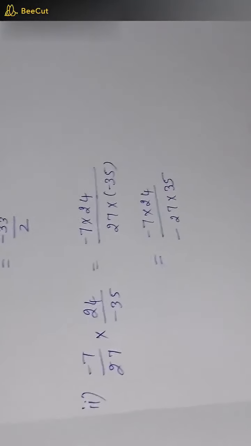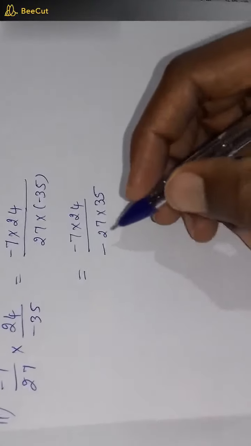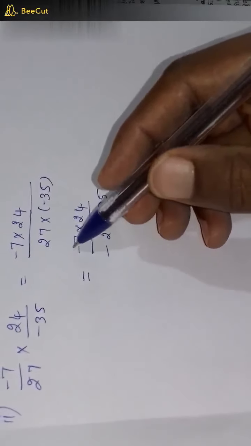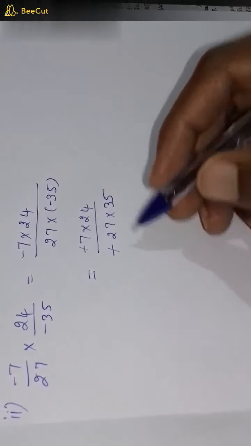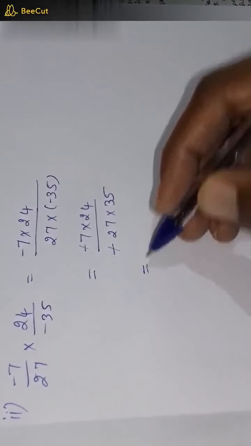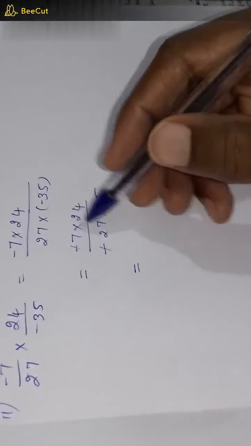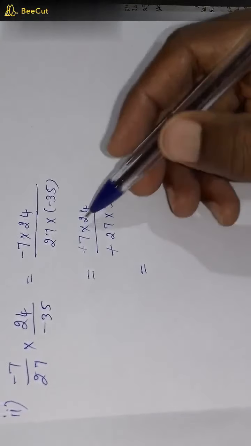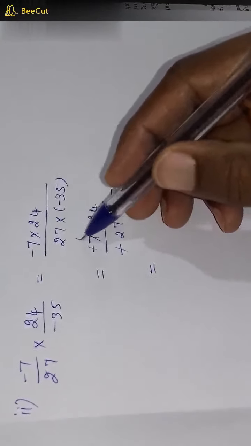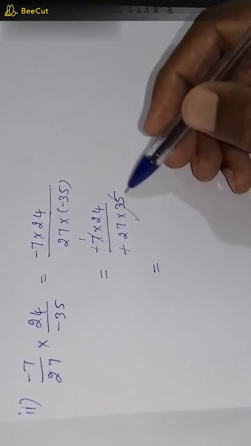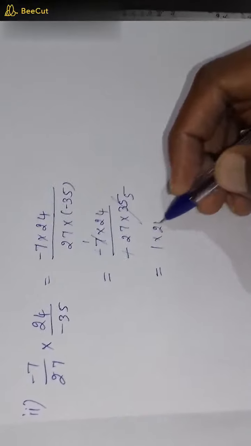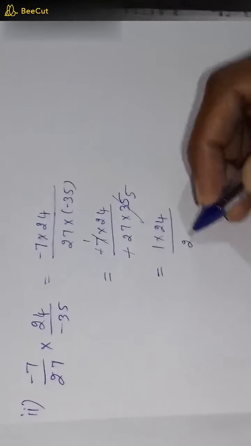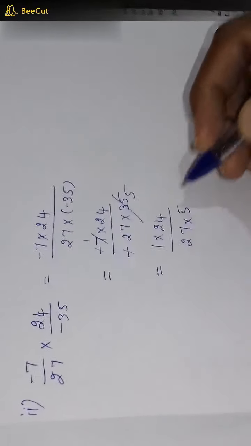Understand? So this can be written as, before that we can cancel these two minus signs. That is equal to, now we can cancel this 35 and 7. 1 7 is 7, 5 7s are 35. So it is 1 into 24 divided by 27 into 5.